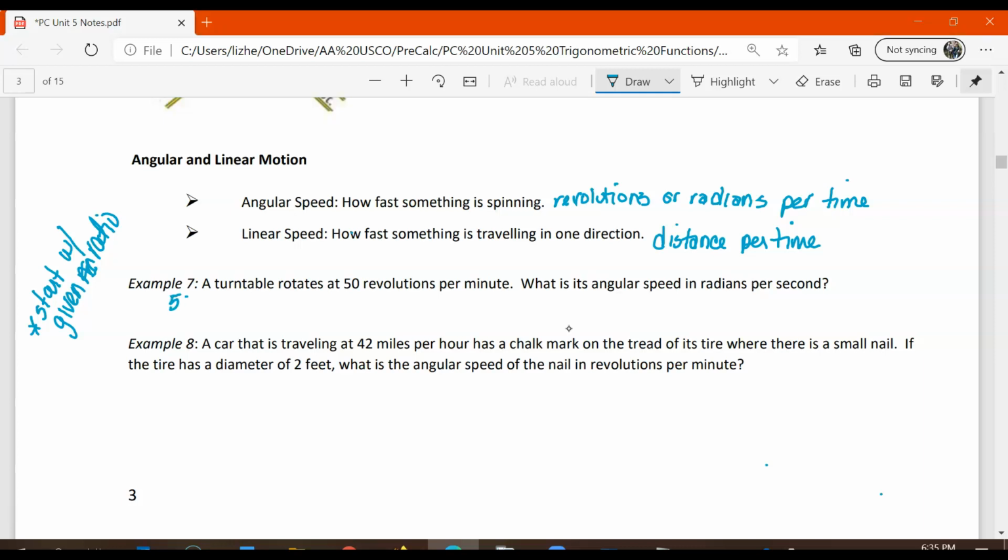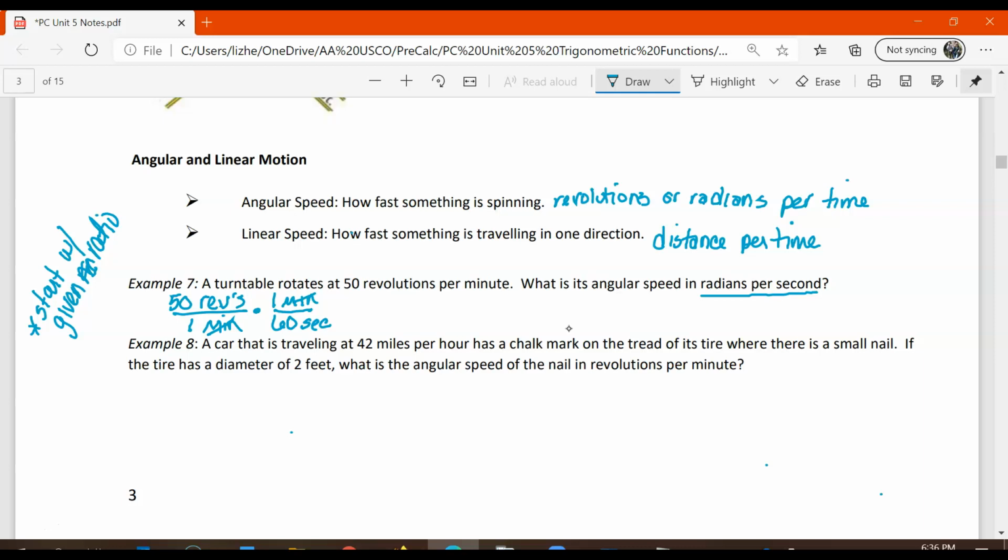So that's where I start. I have 50 revs per 1 minute. What do I need to get to? I want to get to radians per second. So, first of all, let's take care of the time. If I have 1 minute, then I have 60 seconds. So the minutes are gone, and I'm down to seconds.